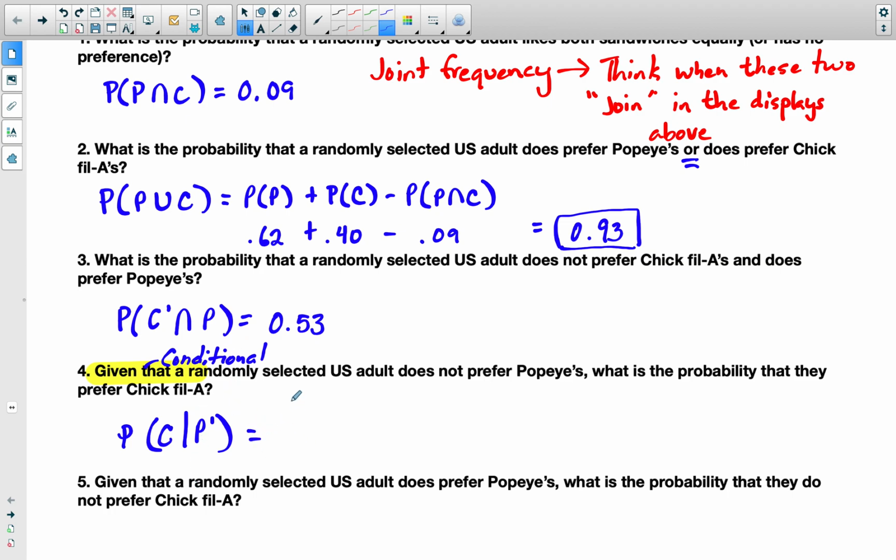Remember, that's the probability they both occur, so C and P prime, over the probability of the condition, which is the one that you have previous knowledge of. So that's going to be given that they do not prefer Popeyes, P prime, the probability of P prime. All right, so I can pull C and P prime. Actually, I just found it. Oh, no, I didn't.